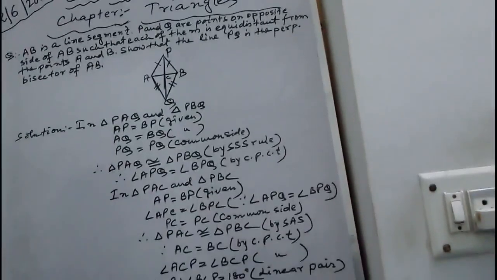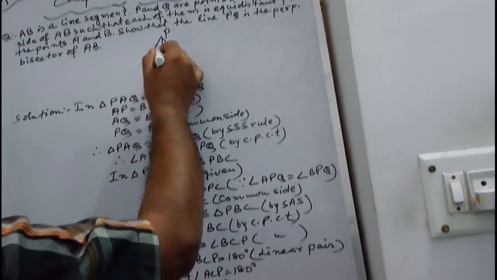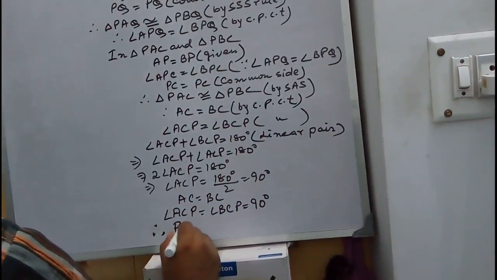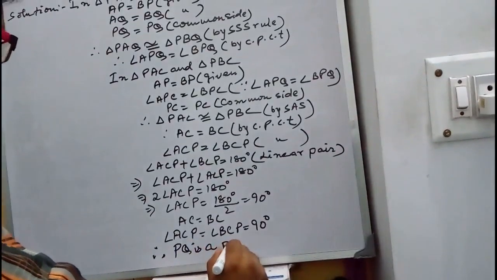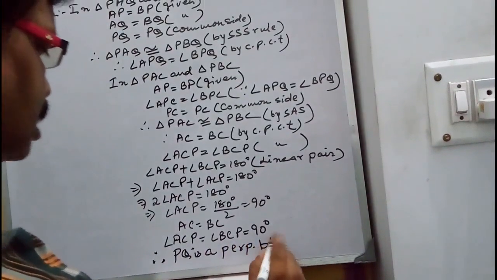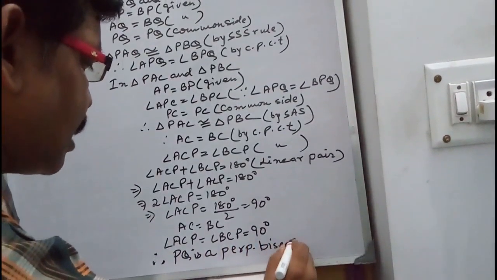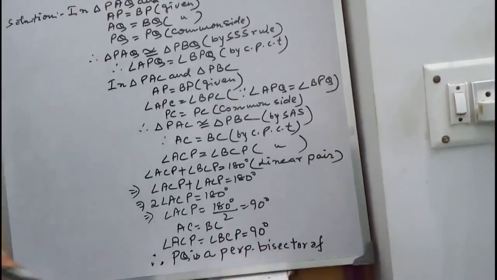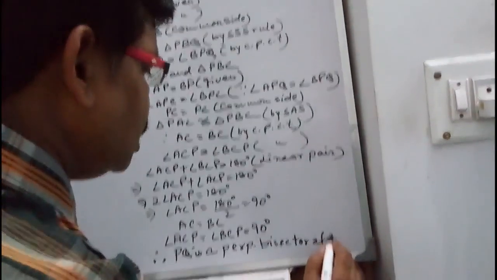So when two parts are equal to each other and the angle here is 90 degrees, then PQ is a perpendicular bisector of AB.